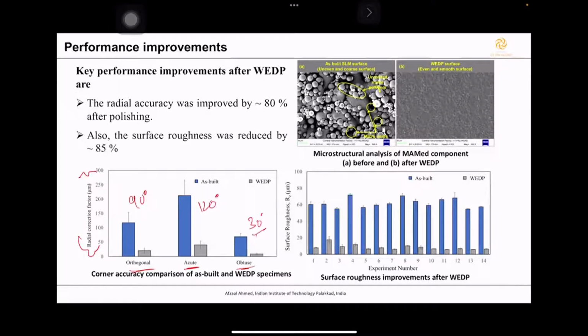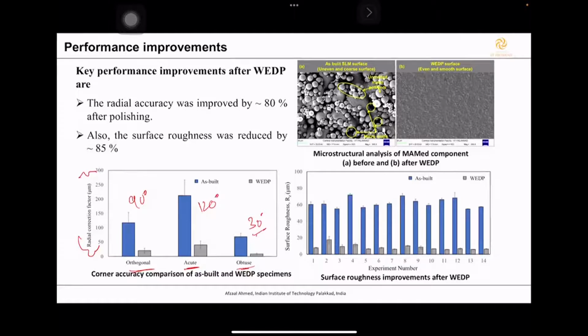So with one step, you can address two things, which are the surface integrity as well as dimensional accuracy. And here you can see for different sets of samples how the surface roughness has reduced for all the settings, in the sense of different settings of laser printing parameters.